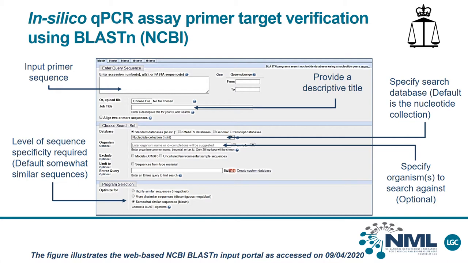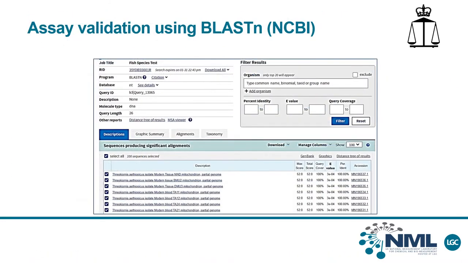A list of species to search against may also be nominated in order to restrict the search to relevant database entries. In most instances, selecting the BLAST-N search algorithm to identify somewhat similar sequences will be appropriate. Selecting the BLAST-N icon at the bottom of the form will initiate the search, which will be acknowledged on the screen. An example of a BLAST-N search output is shown on the slide.